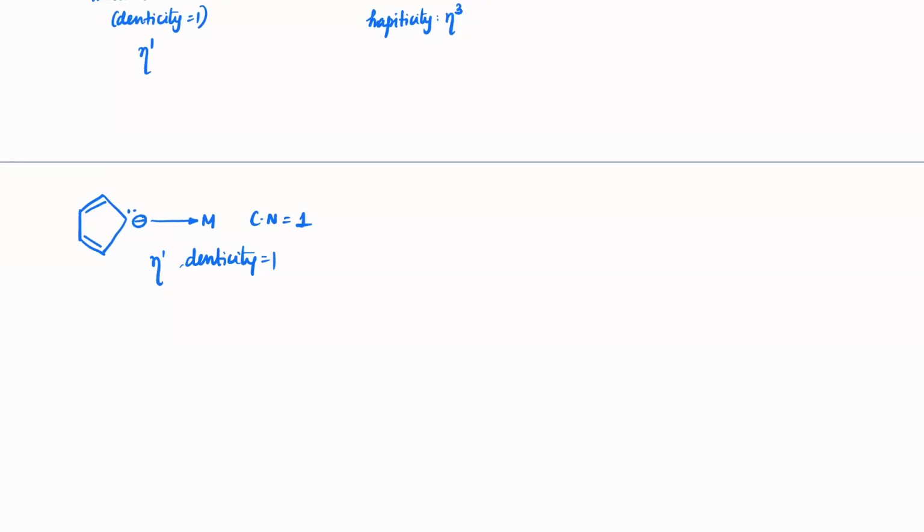But if the same connection is given to you in the form of a hybrid structure, that is, this minus is now connecting towards the metal like this, in that case hapticity is 5 now because it is connecting over 5. Denticity is 3.